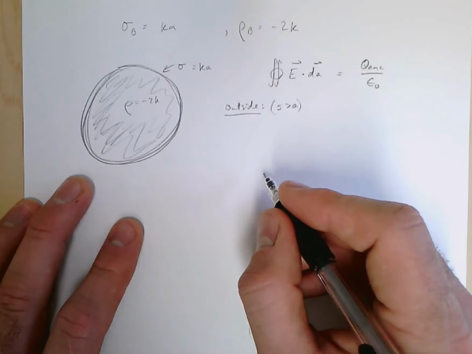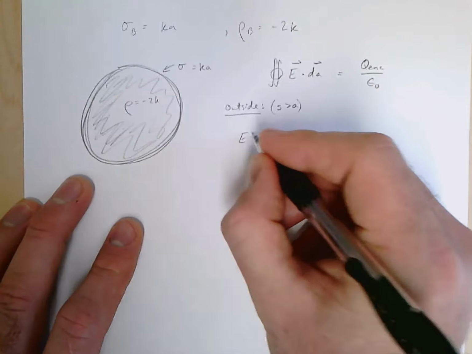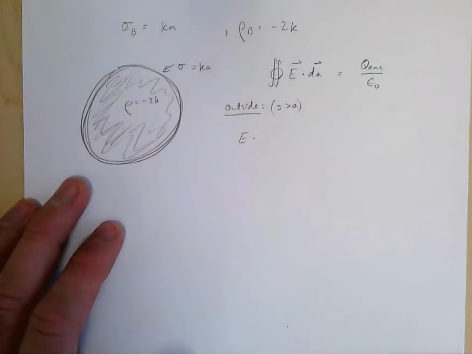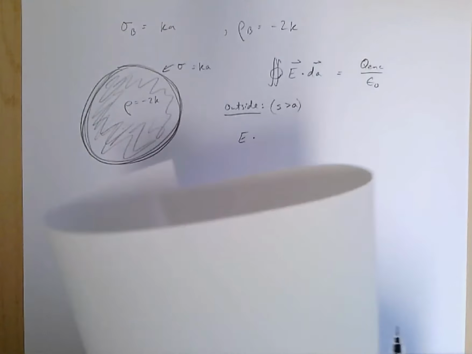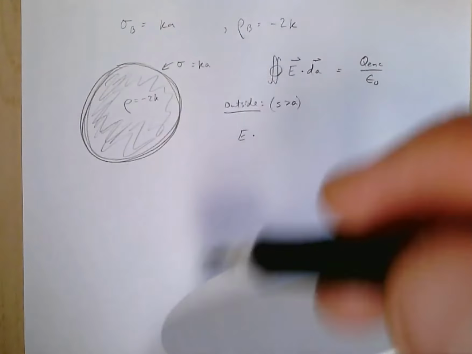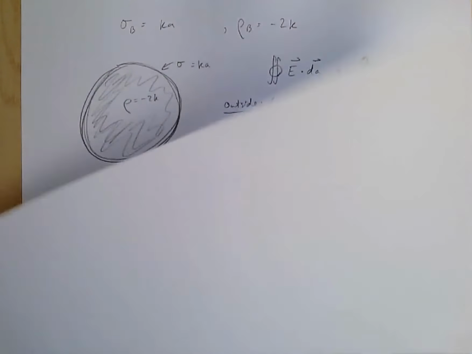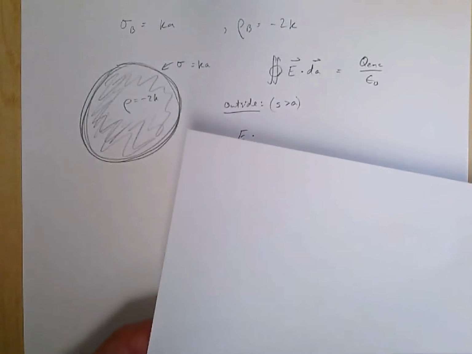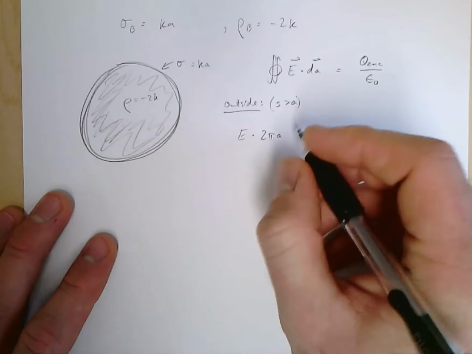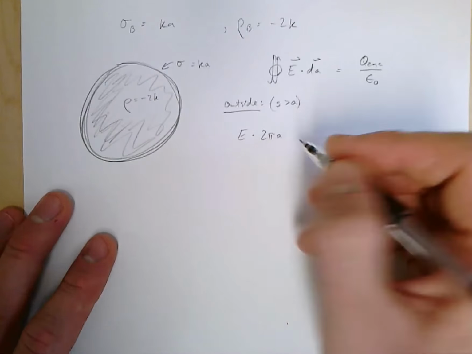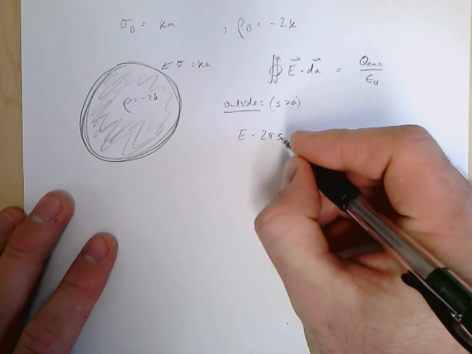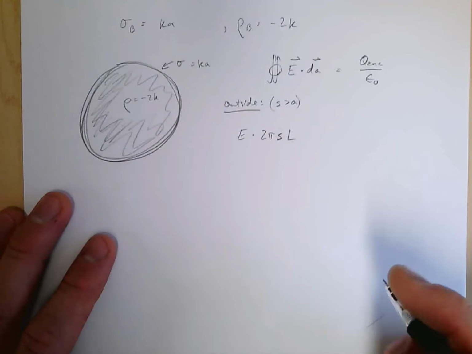We're going to have a situation where the left-hand side is just going to be E times the surface area of a cylinder. Well, unwrap that cylinder. So here I've got my cylinder. Remember that it's 2 pi s going around, or in this case 2 pi a, and then the distance is L. So we have just 2 pi times a times L. And I'm sorry, that's if we were actually at the boundary, but if we're at some imaginary surface, it's 2 pi s L. Okay, that's good.